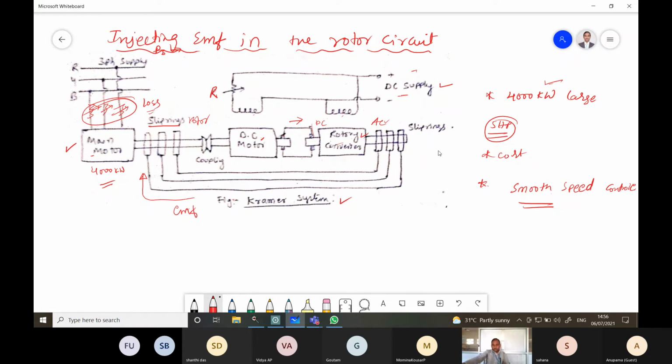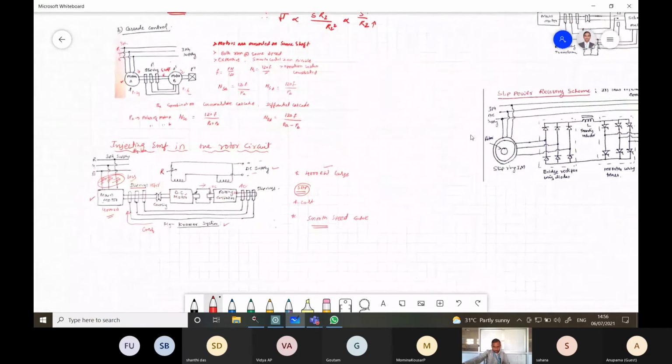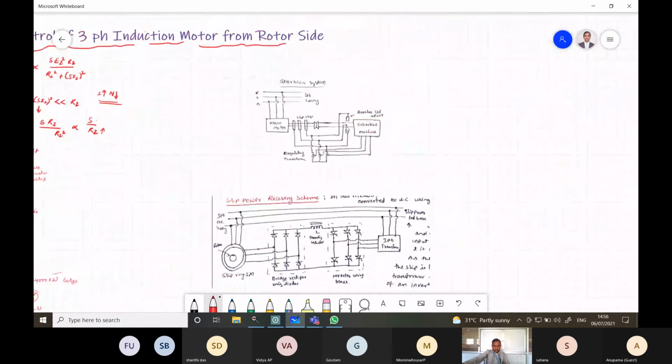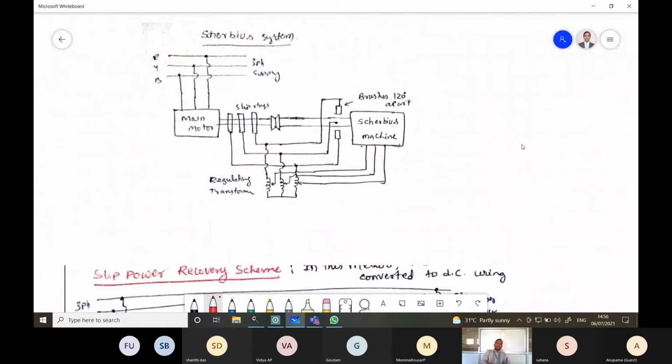Now the next one is the Scherbius system. So what do you mean by the Scherbius system? This is also similar to the Cramer system, but the arrangement is different here. Instead of rotary converters, the main motor circuit is connected to the Scherbius machine.